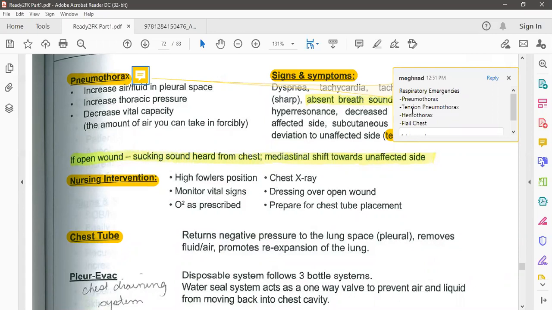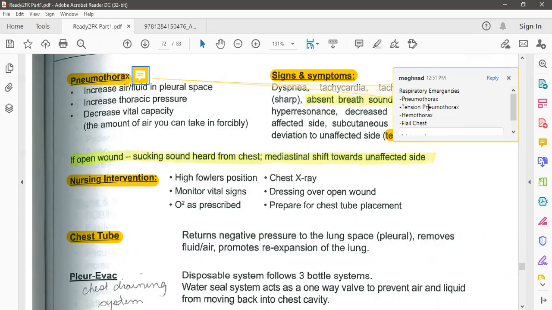If air accumulates, it is pneumothorax. If blood accumulates, it is hemothorax. When water accumulates, we call it pleural effusion.